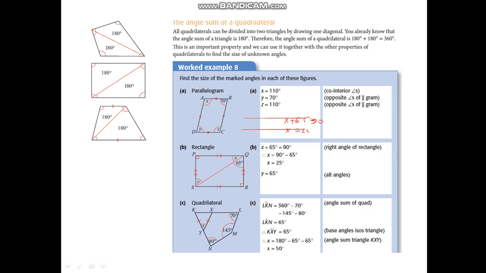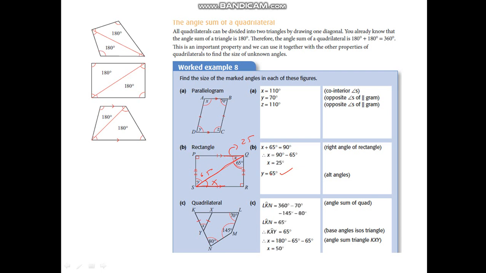And from here x is equal to 25. Now you can put the place of x as 25. And what about y? I also know the letter Z, because it's in the middle of two parallel lines. If here we have x, there must be x here, and if here we have 65, there must be 65 here. So automatically y is equal to 65. Don't forget, I used the properties of parallel lines.